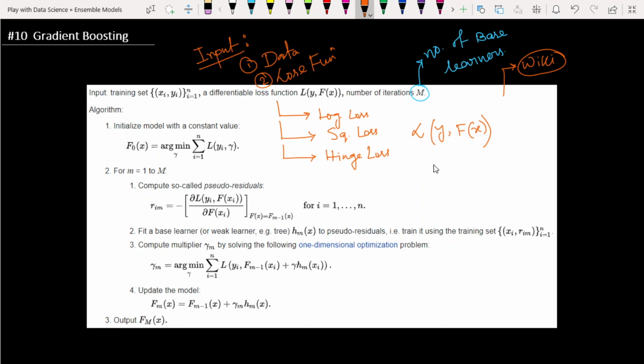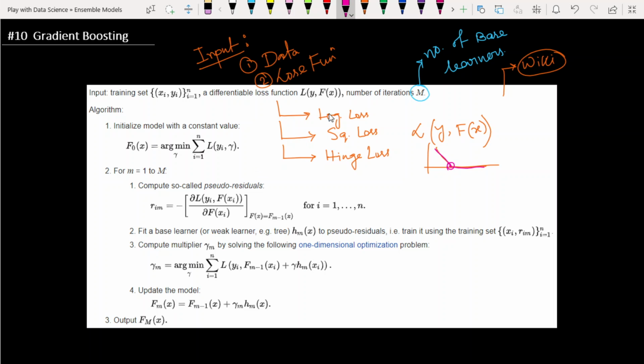The hinge loss looks like this. Somewhere it is not differentiable, but there are some hacks and approximations in these regions to handle the differentiation. We have already seen these loss functions.